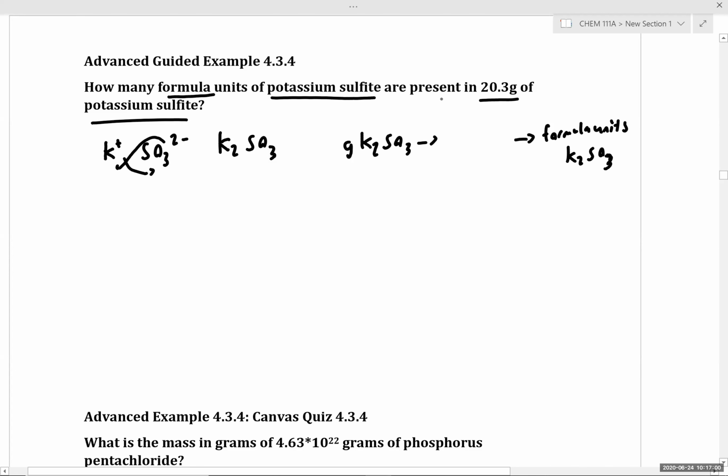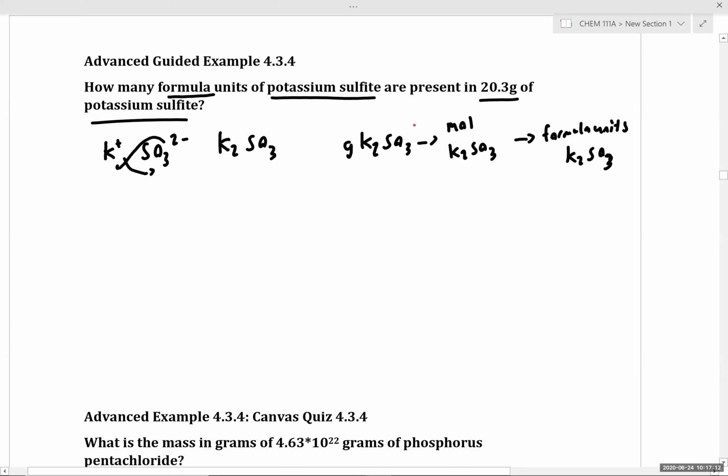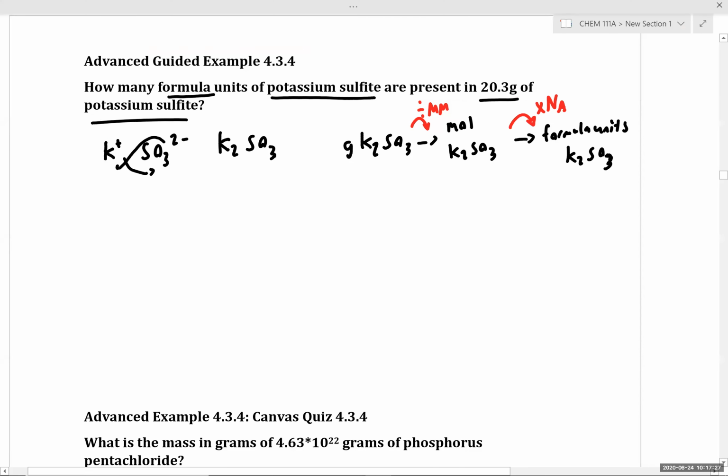Just like any typical mass to particle conversion, we're going to go through the moles of potassium sulfite. To go from grams to moles, we're going to divide by the molar mass. To go from moles to formula units, we're going to multiply by Avogadro's number. Now that we have our scheme in place, we can execute.